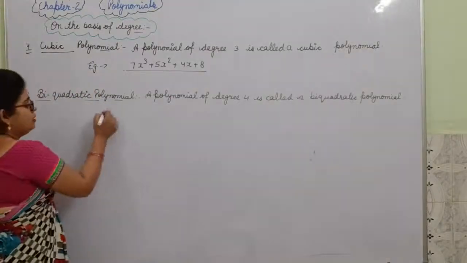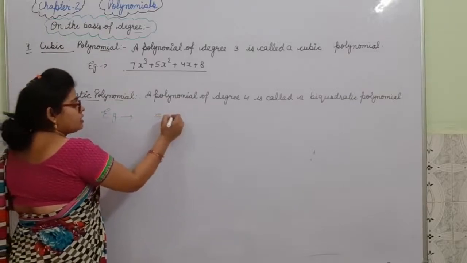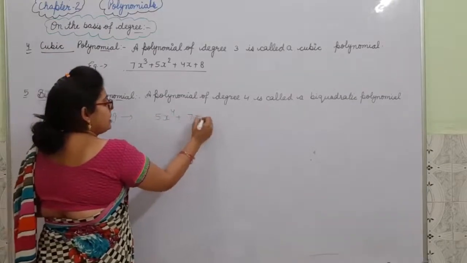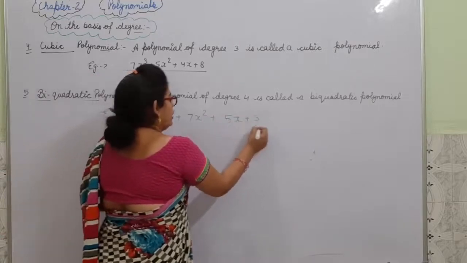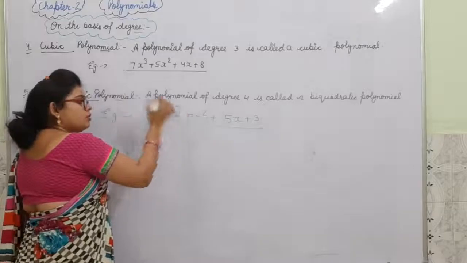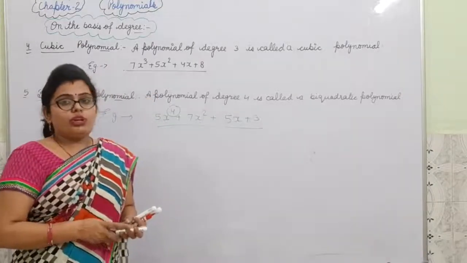Take example, let 5x raised to power 4 plus 7x square plus 5x plus 3. Its highest power is 4, then it is a biquadratic polynomial.